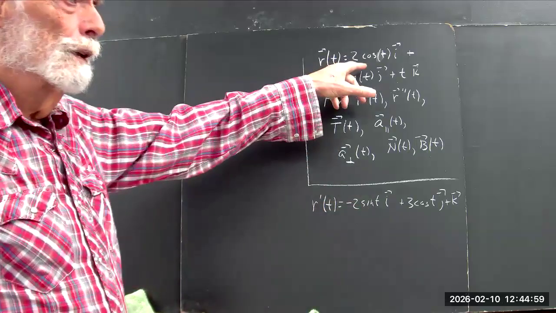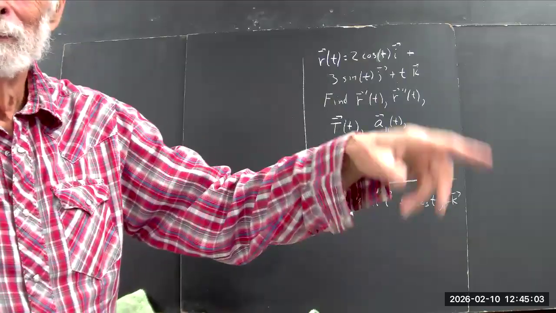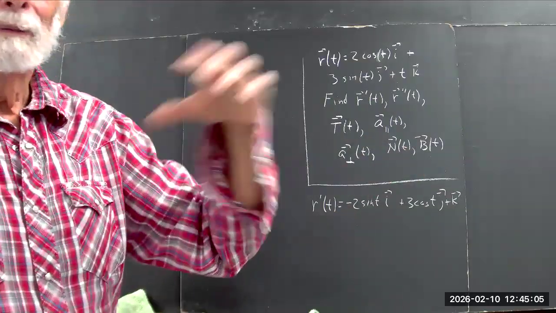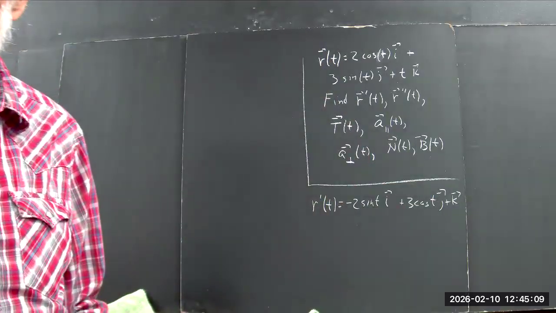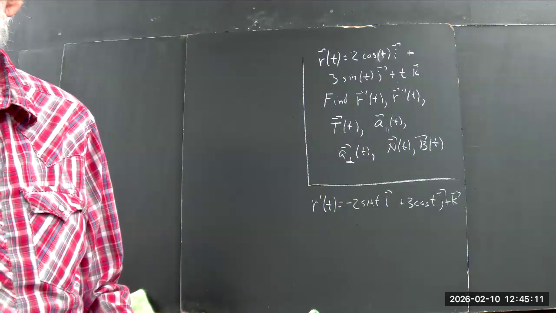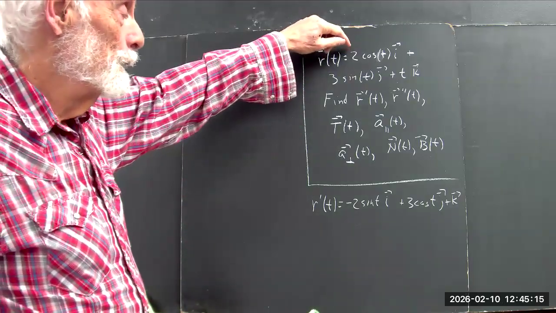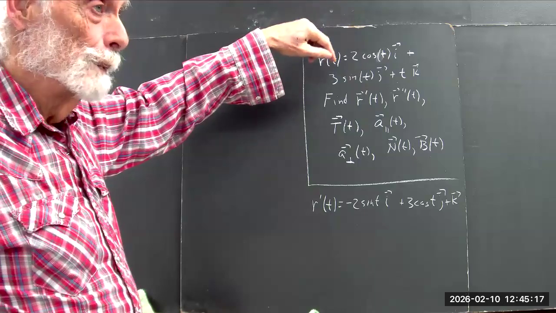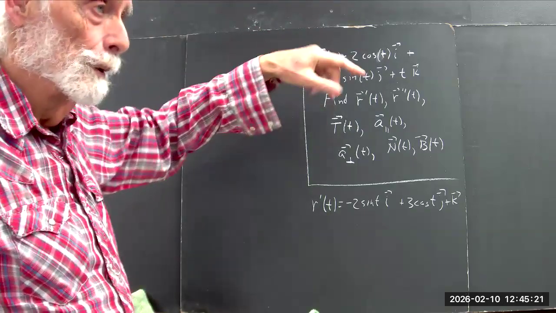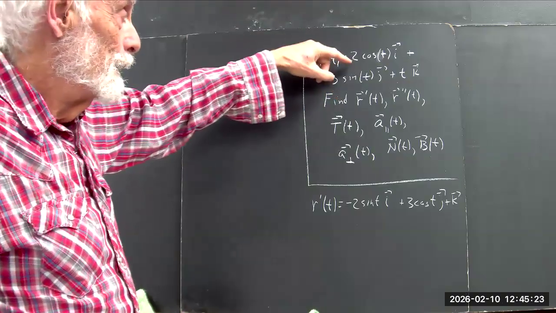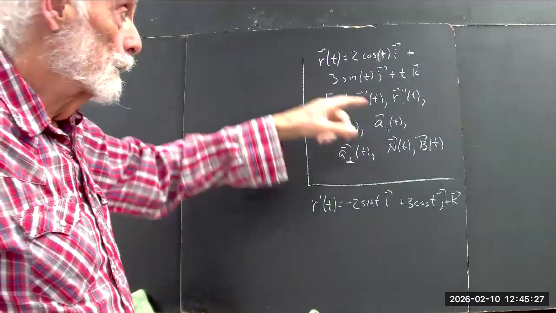Is cosine t i plus sine t j just a unit circle, isn't it? And that's something you ought to know as well as the back of your hand. If you exaggerate the unit circle in the x direction, it's going to go further in the x direction.